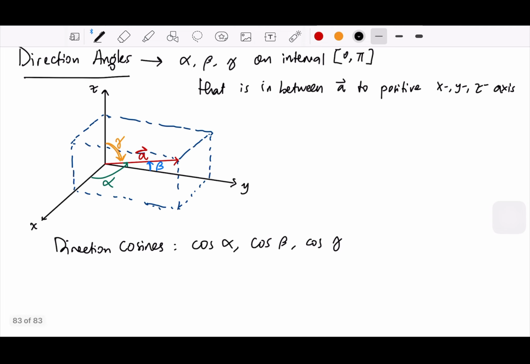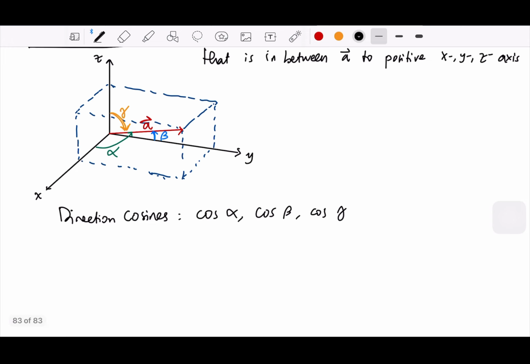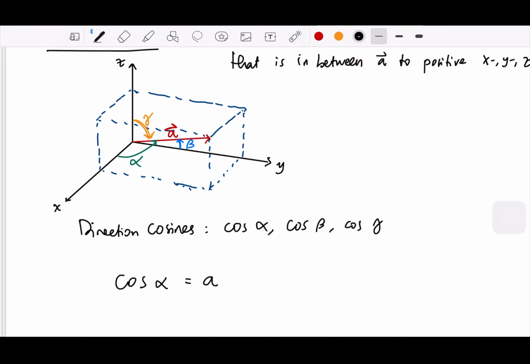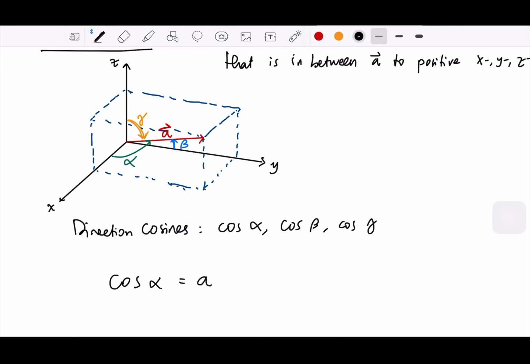Now, to see what cosine alpha is, if we write this, remember that the standard vector for the x-axis is i.